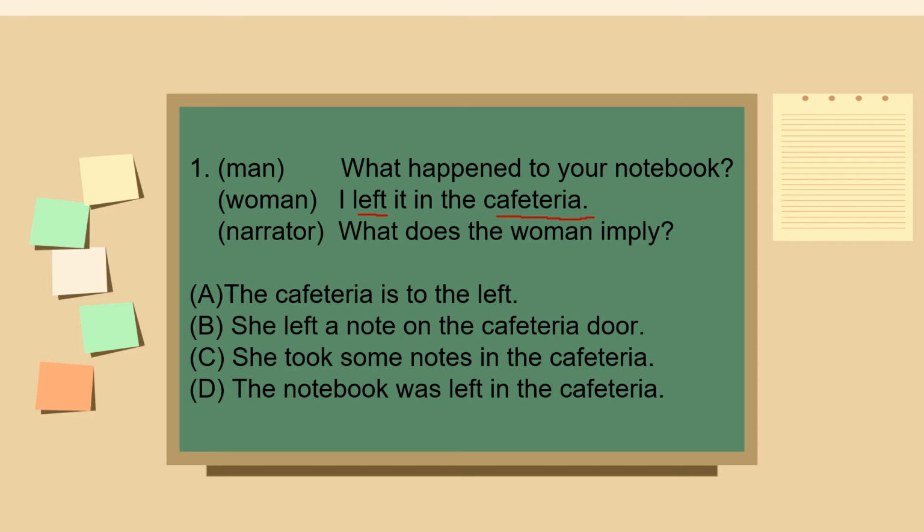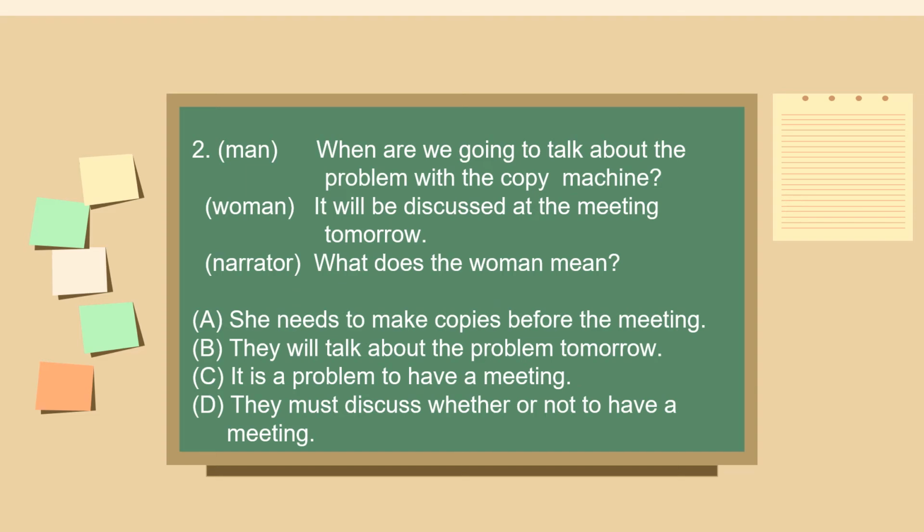How about A? The cafeteria is to the left. Wrong. It is active here. And how about B? It is active too. How about C? It is active too. And then the correct one is D, because it's in the passive statement. Okay, go to the second practice.